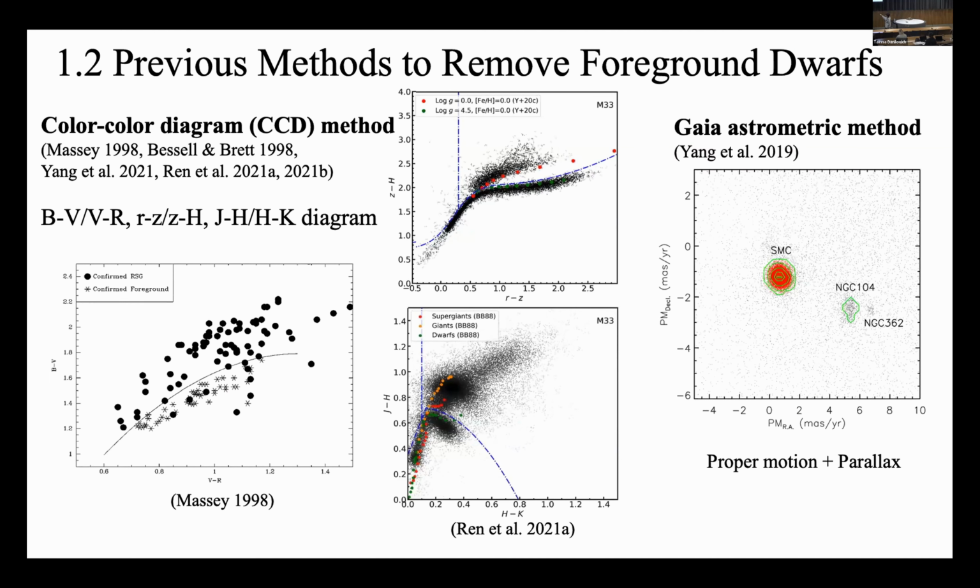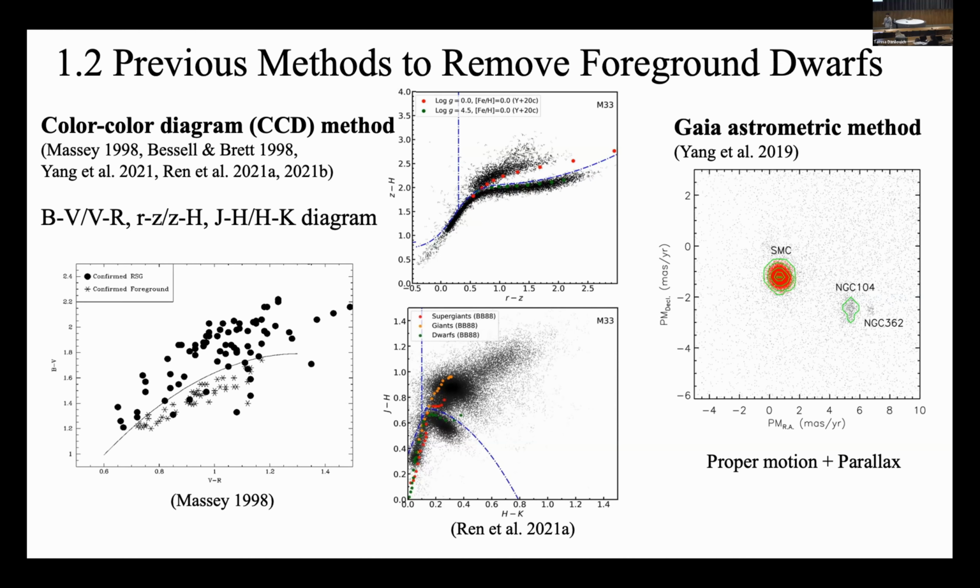The lower branch is the dwarf branch, and the upper branch is the RSG and AGB branch on the CCD. So we can remove the foreground dwarfs by removing the entire dwarf branch using such boundaries.